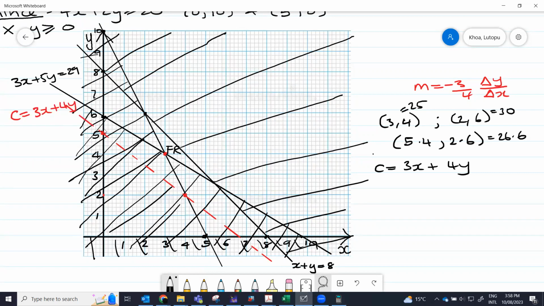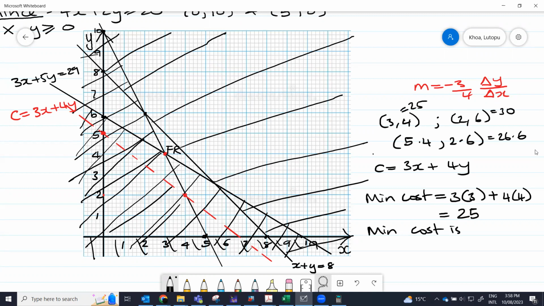And the minimum is obviously this one. So you can say minimum cost is 3 times 3, you're just substituting the x coordinate there, plus 4 times 4. So notice these others, I just did them on the calculator and I didn't write out the working. So then you say the minimum cost is 25. And then it says, how should it be prepared?